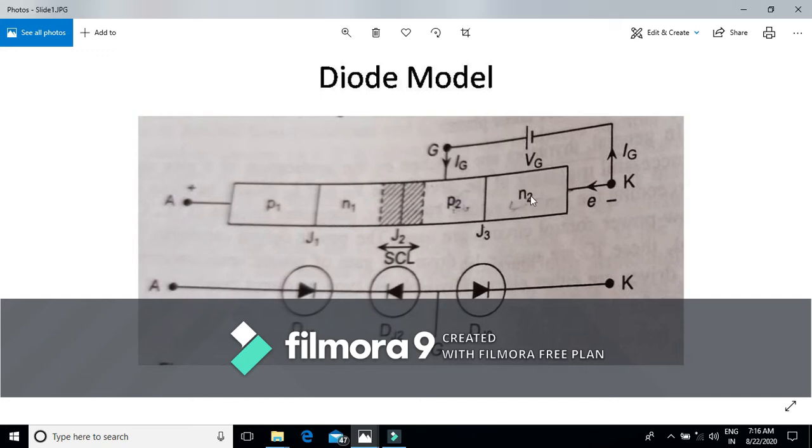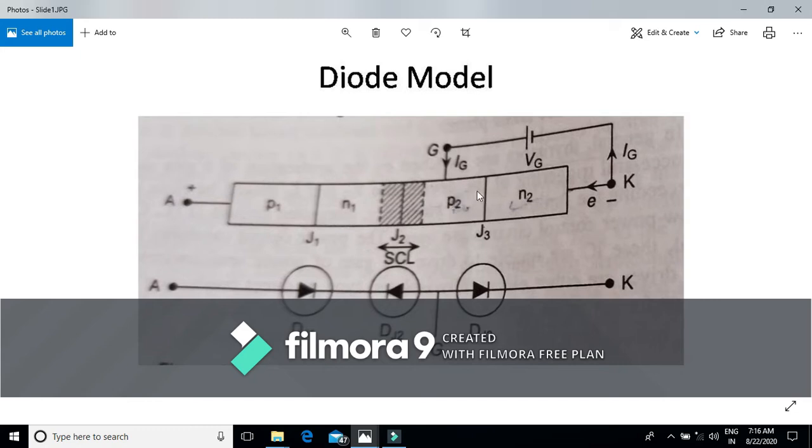Since there is no depletion layer across the junction J3, there is free movement of charge carriers. That means a high number of electrons pass through this junction J3, and this inner layer P2 gets flooded with a high number of electrons.